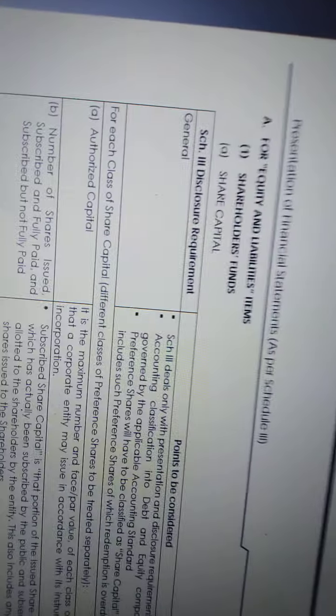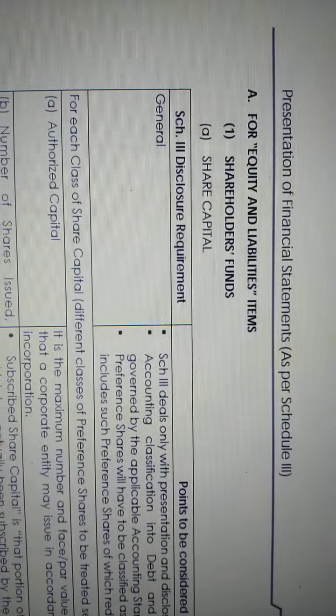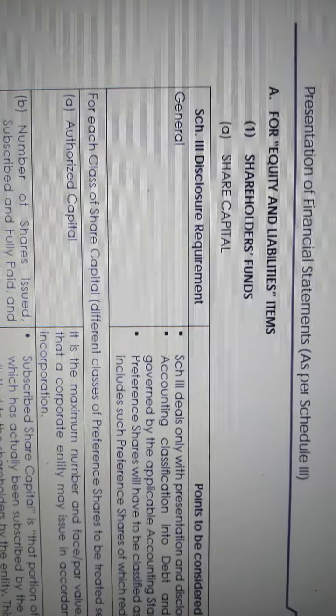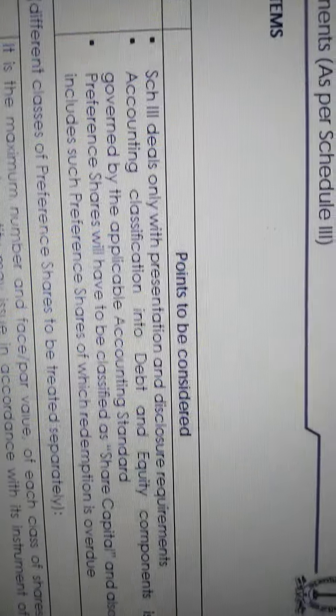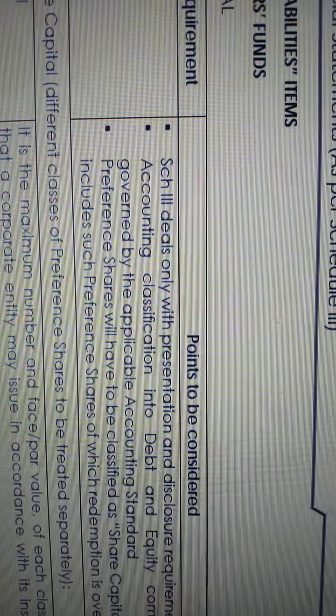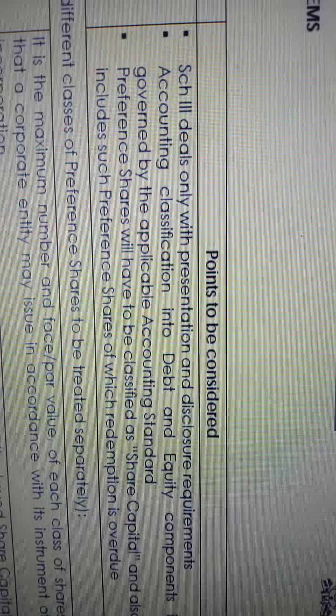So look at the disclosures. Below the P&L and below the balance sheet, we have to give breakup for these items. Schedule 3 disclosure requirement. Generally, Schedule 3 deals only with the presentation and disclosure requirements. We know the presentation part, and we should know the disclosure part a little bit also.